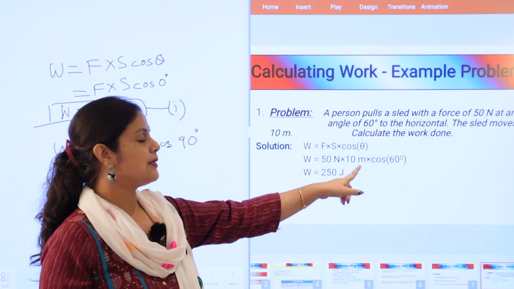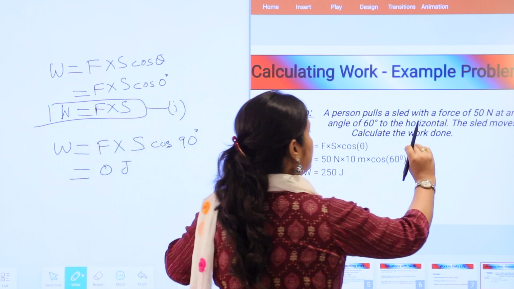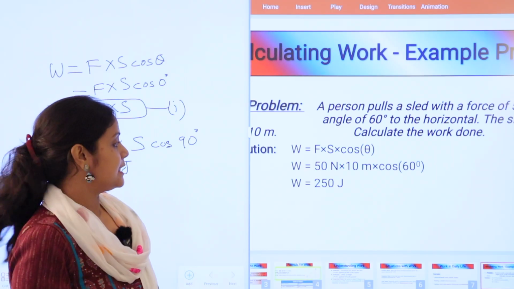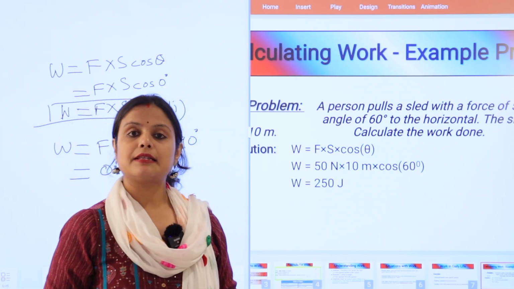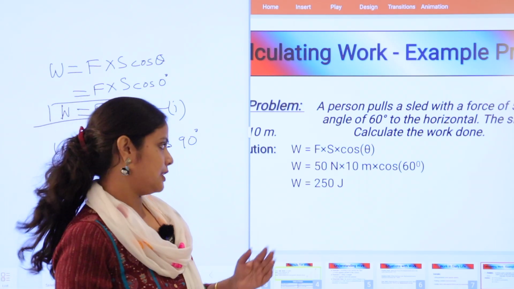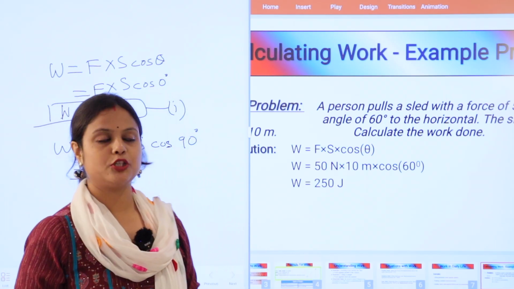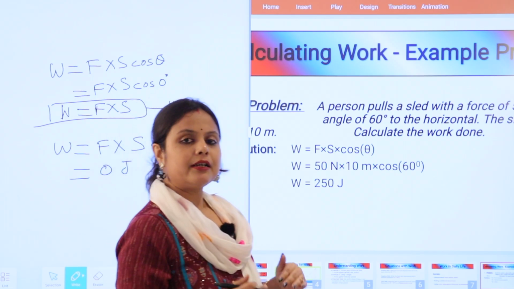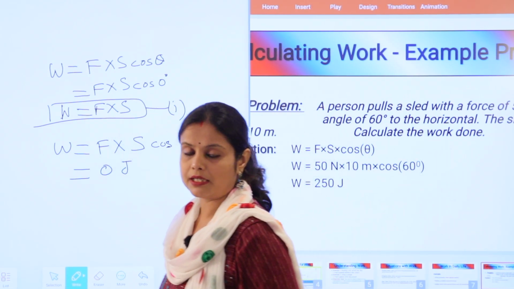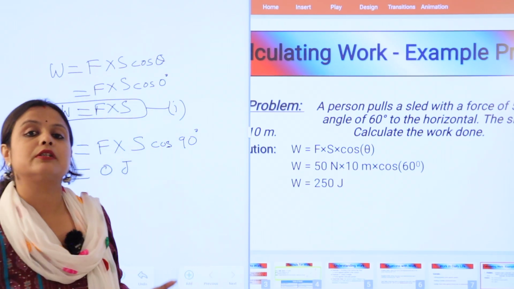Here theta is 60 degrees. F, the force applied, is 50 Newton. S, the displacement, is 10 meter, and we get the work done as obviously positive, and that is 250 joule. So here we have discussed one problem so that you can have a clear idea on how to calculate the work done.